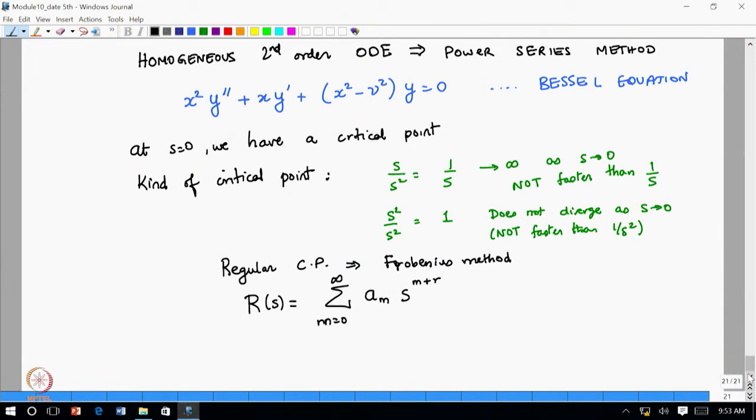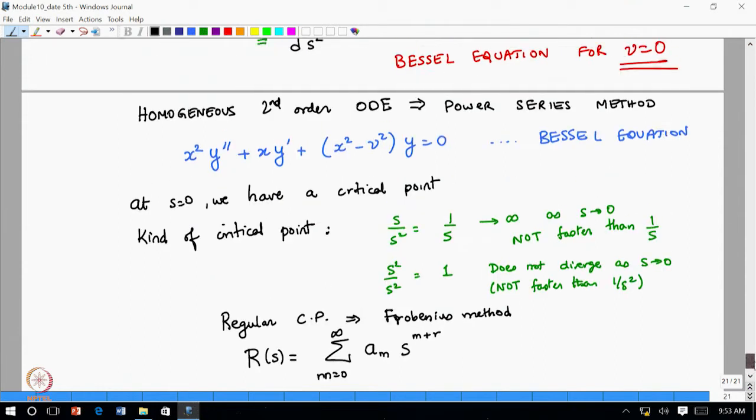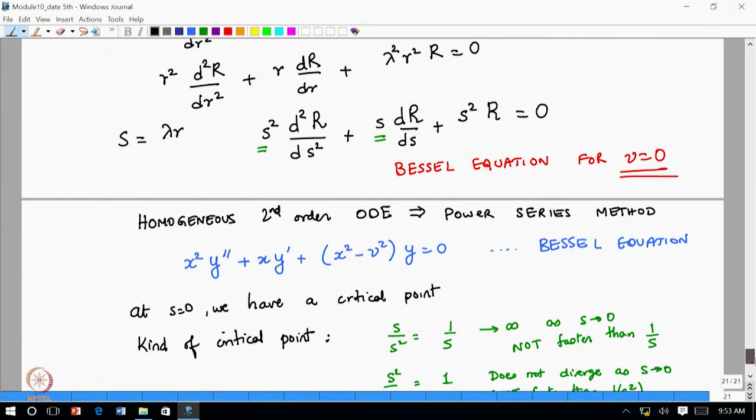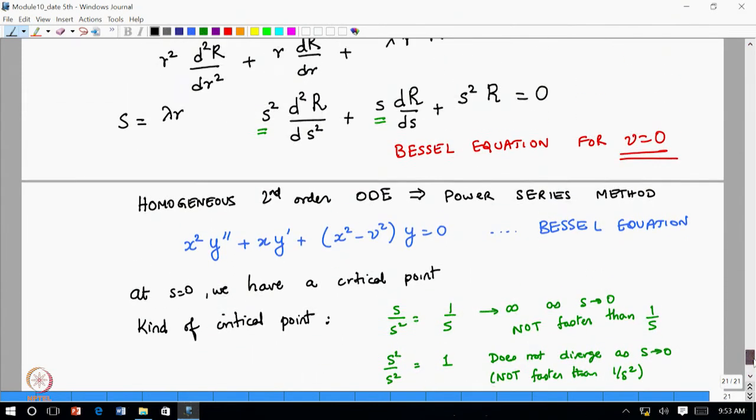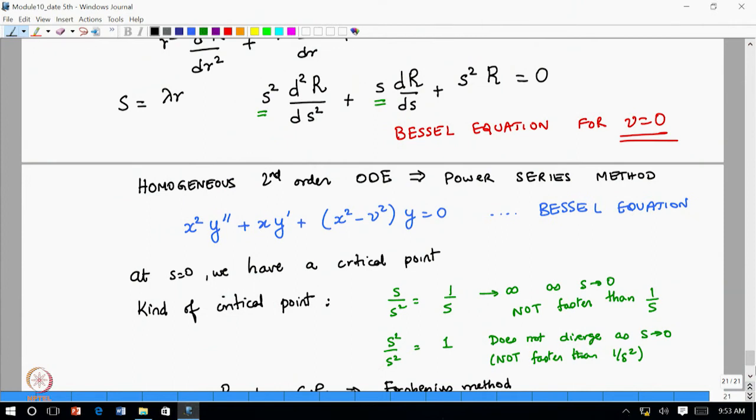And now we will use the usual power series method, and we will substitute in this equation. I will skip a few steps and just write what happens. You take the second derivative and multiply by s square.